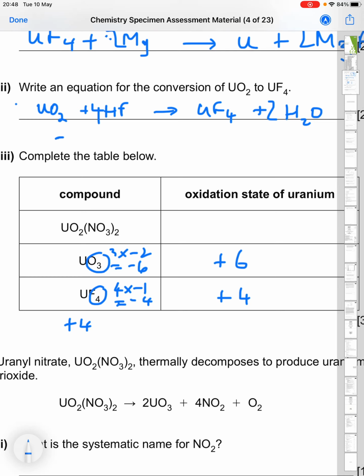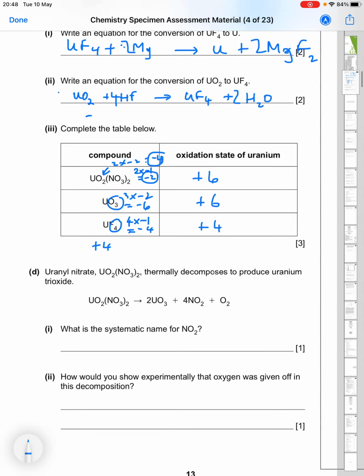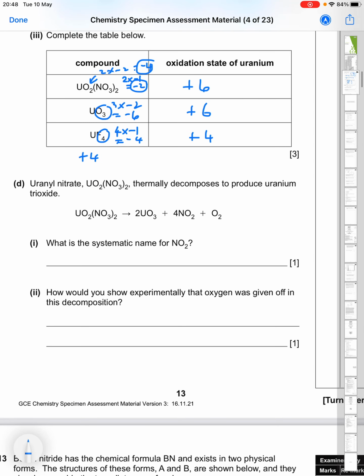Each oxygen is -2, and each nitrogen is +3. The overall charge on the nitrate is -1. So we've got 2 times -1, which is -2, and then we have 2 times -2 for the oxygens, which is -4. So we've got -4 and -2 is -6. So the total there for the uranium would have to be +6 again.